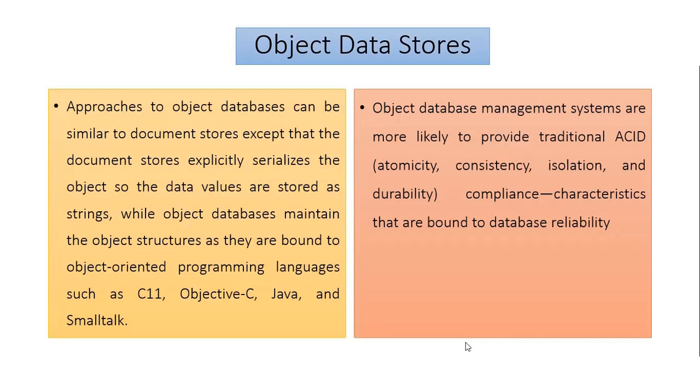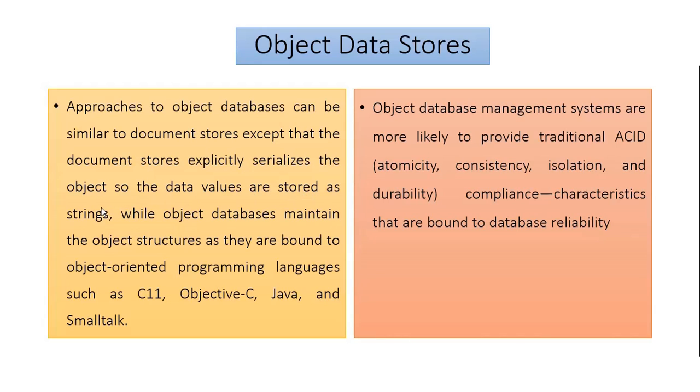Here we have two different things to discuss. One is the approach of the object database, which could be similar to document stores. The difference is that document stores explicitly serialize the object so that the data value is stored as strings.